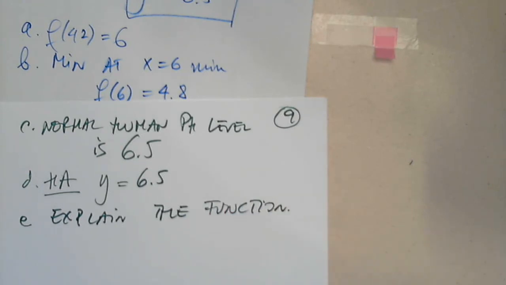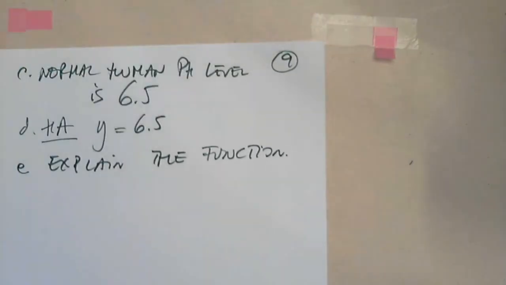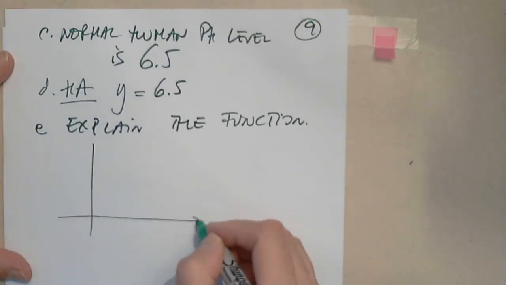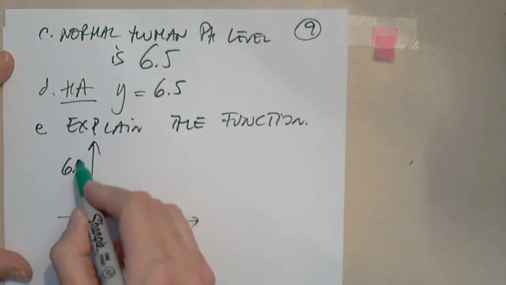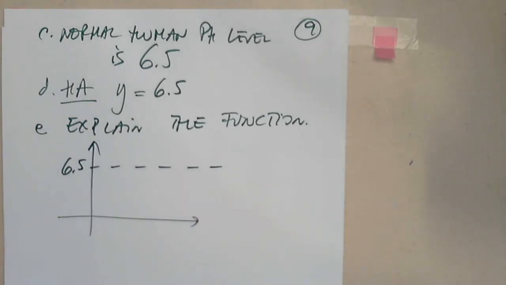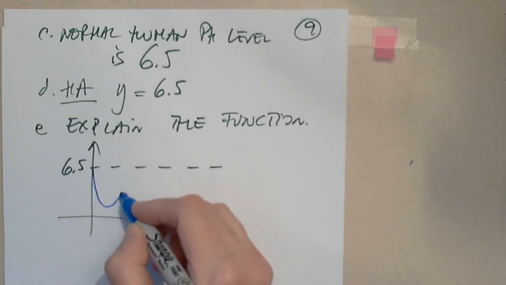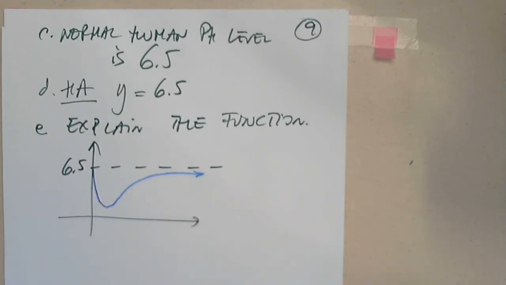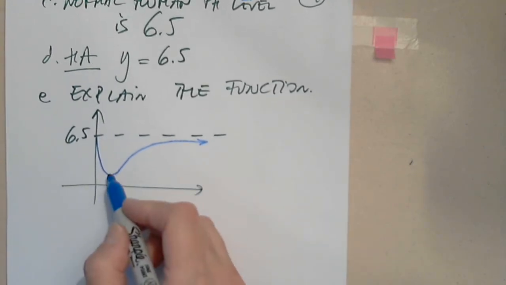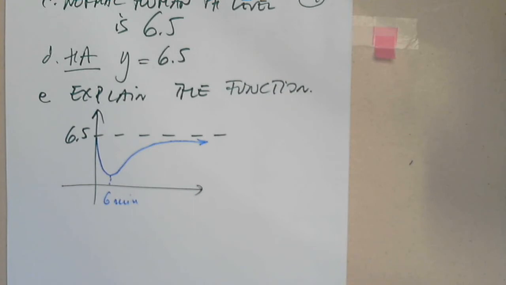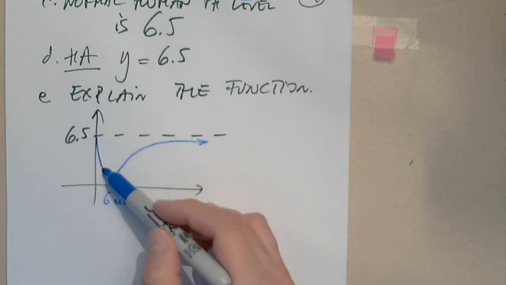So looking at the graph, I'm just going to graph it here because you may not have it and may not see it. So the graph looks something like this. It has a minimum at 6 minutes. So it drops drastically.